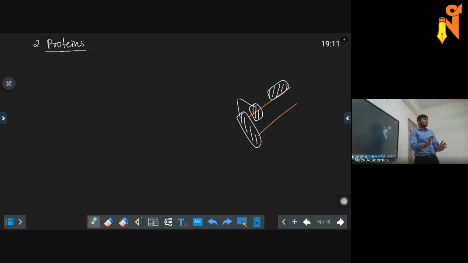Now, one question. Is this protein intrinsic or extrinsic? Common sense says intrinsic, but this protein is actually peripheral. According to our understanding, embedded proteins are tough to extract, so they are classified as integral proteins.